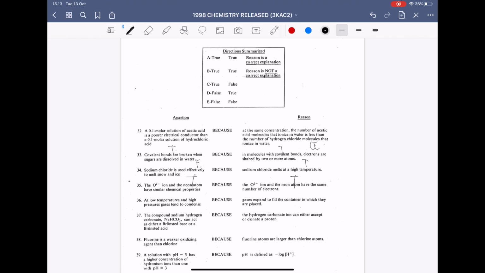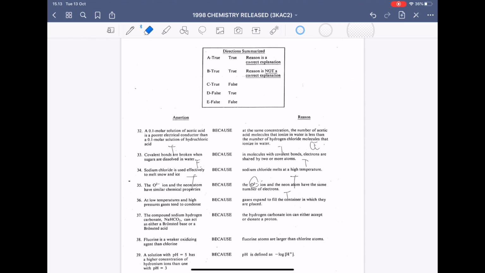The O2 minus ion, or the oxygen anion, and the neon atom have similar chemical properties because the O2 minus ion and the neon atom have the same number of electrons. This is true, because oxygen usually has 8 electrons, but in this case it's O2 minus, so it has 10 electrons. And neon, a noble gas, also has 10 electrons, so that's definitely true.